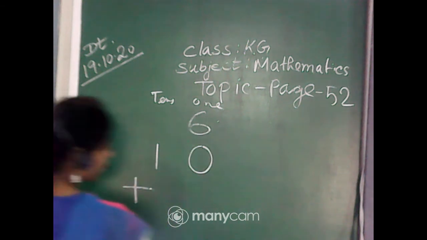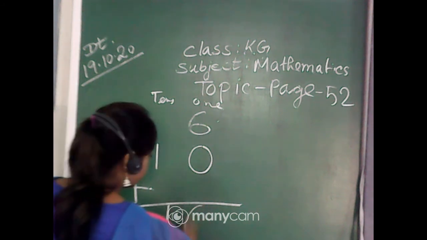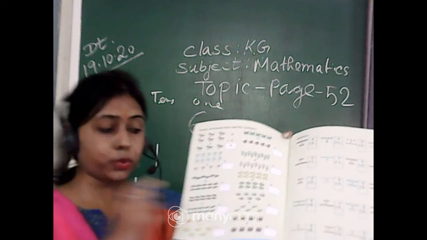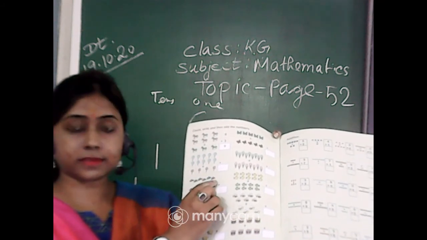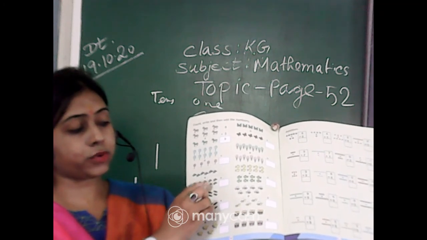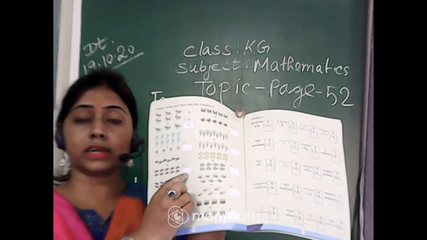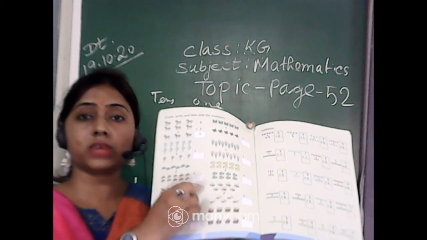So 10 plus 6 is equal to how many? 16. And here you should count all the hats together. 1, 2, 3, 4, 5, 6, 7, 8, 9, 10, 11, 12, 13, 14, 15, 16. So you should write 16 here. The total number of hats here is 16.